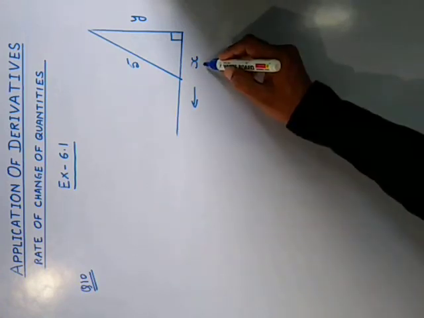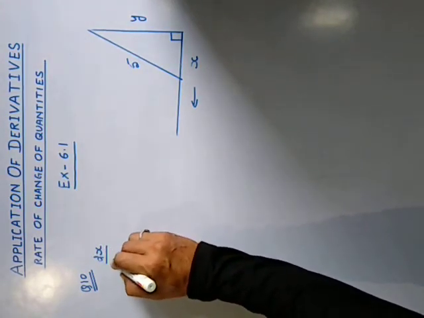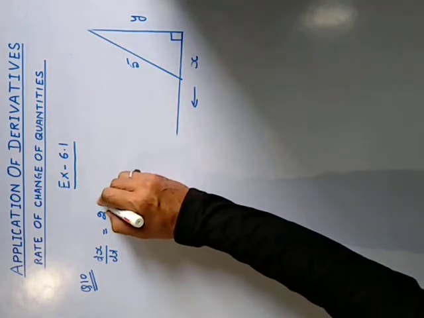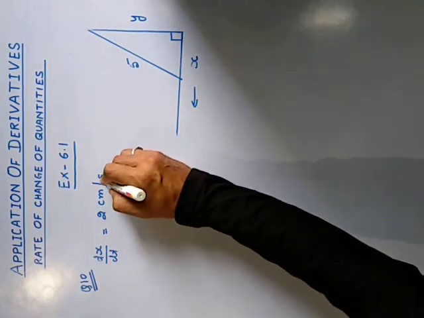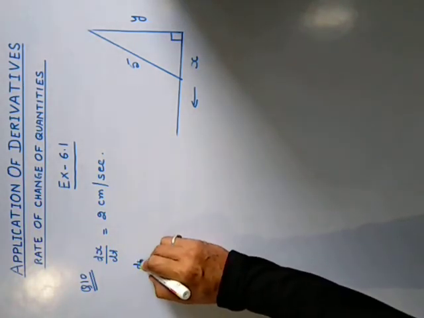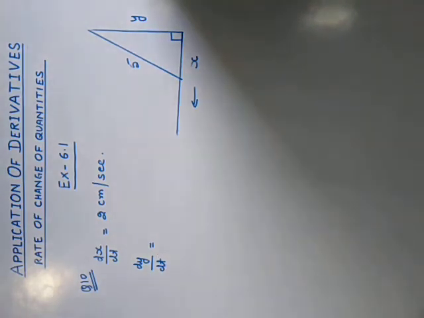So if we suppose this distance is x, it is given that dx over dt equals 2 centimeter per second. How fast is its height on the wall decreasing when the foot of the ladder is 4 meter away from the wall? We have to calculate how fast its height is decreasing.